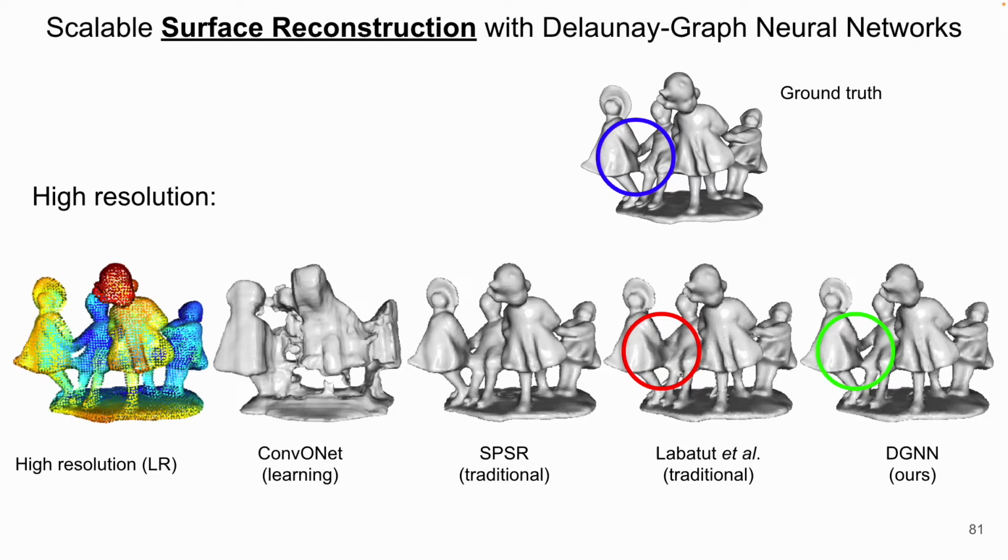Here we show the reconstruction of a high-resolution scan. This is an easy problem for which most methods produce a high-quality surface. Still, we can see some defects in some of the reconstructions. And again, our method produces the best result.